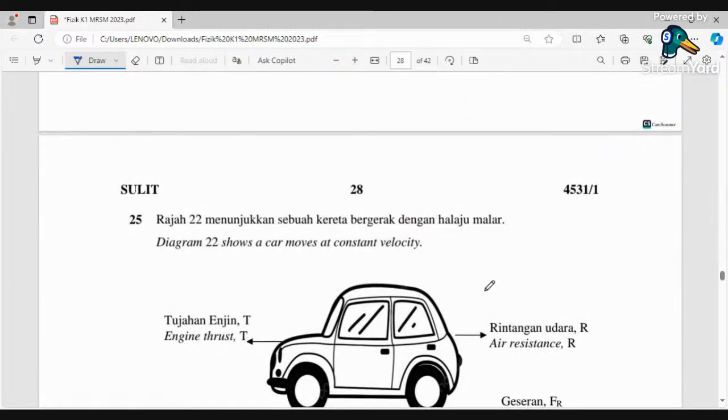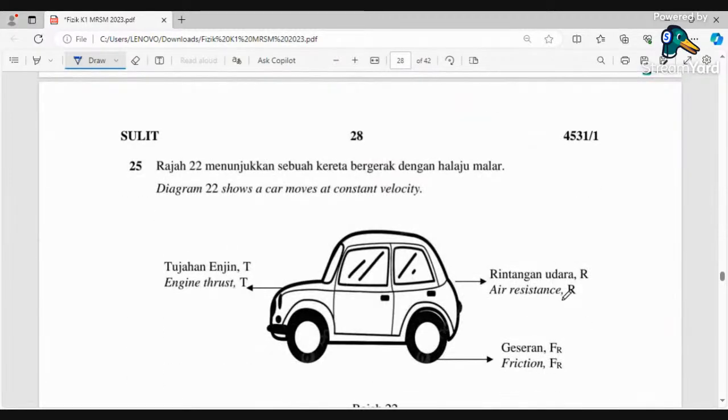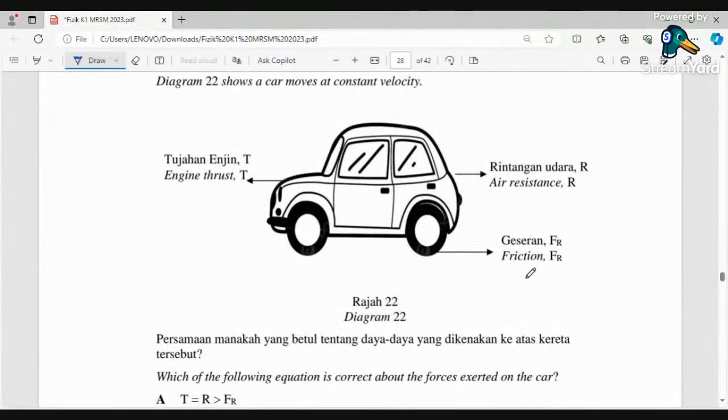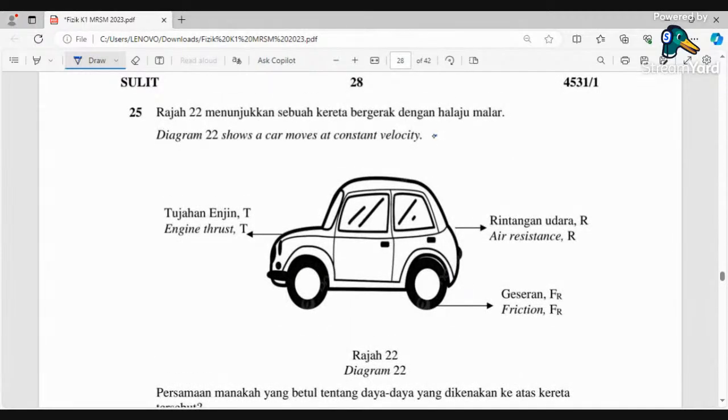Okay, number 25, car move at constant velocity, air resistant, friction. Ini constant velocity. Kalau constant velocity maksudnya equilibrium. Okay, forces are balanced, ataupun net force equals 0.